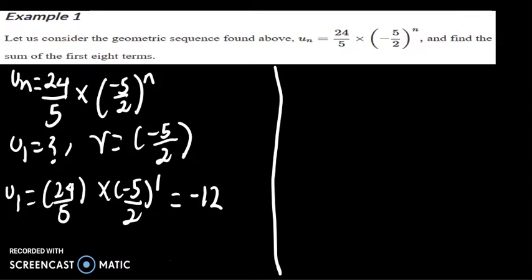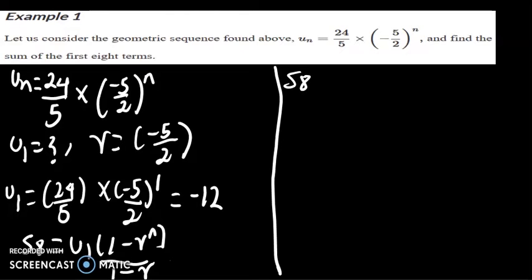We're supposed to find S8. So u1 times 1 minus r to the n, divided by 1 minus r. Remember what I told you? If the denominator is positive, it will make your calculation easier.